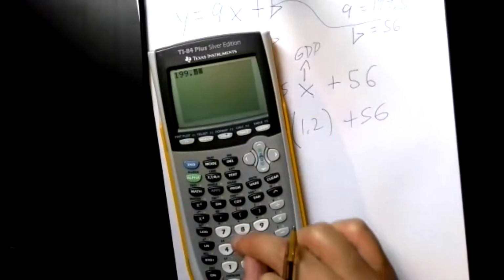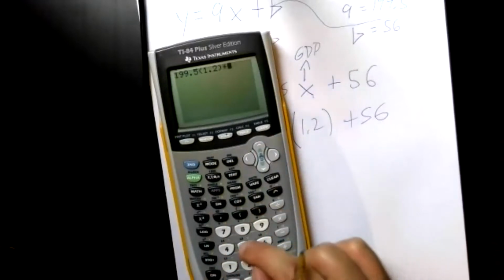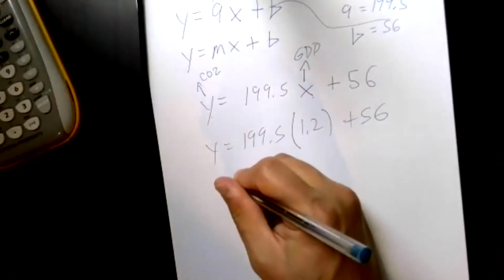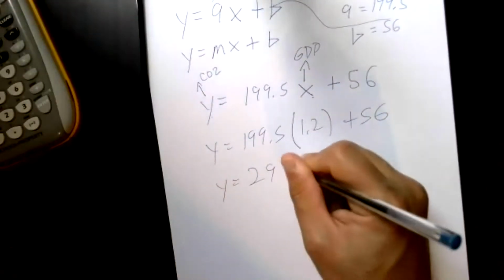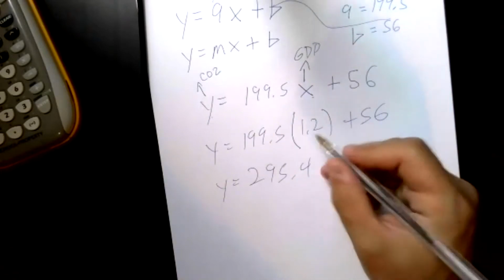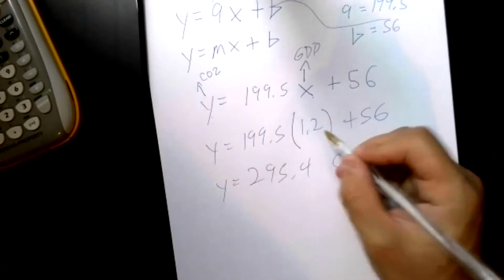The calculator will do this if we ask nicely. 295.4. And this is the amount of CO2 corresponding to a GDP of 1.2 trillion.